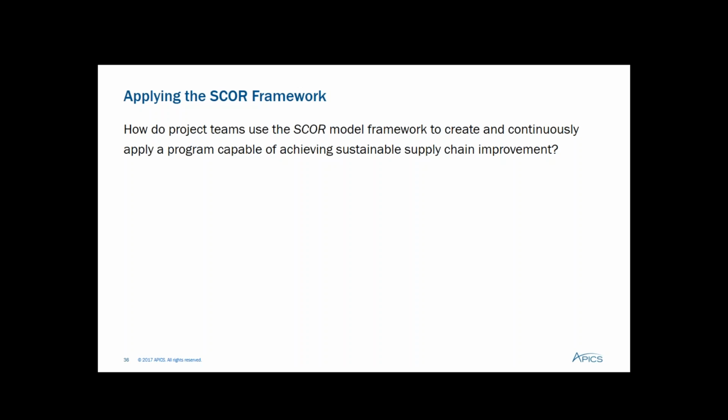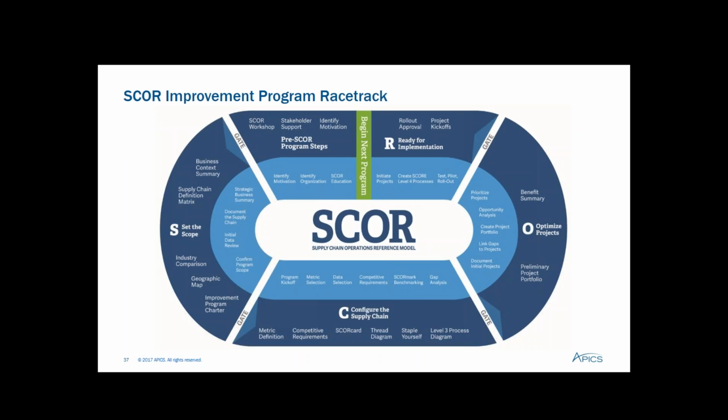The SCOR improvement program introduces a 5-phased approach to initiating and managing a SCOR improvement program. The racetrack shown here is a high-level diagram describing the 5 phases necessary to identify, structure, conduct, and complete a SCOR improvement program.